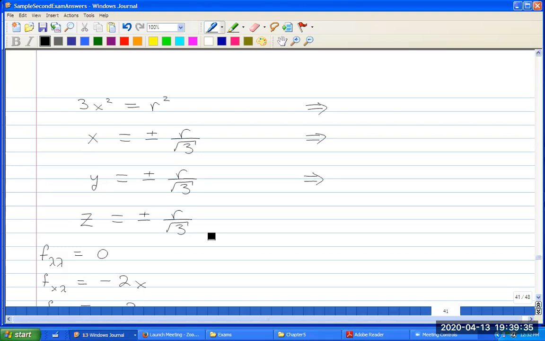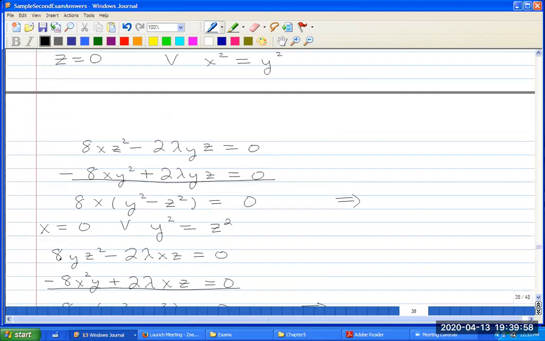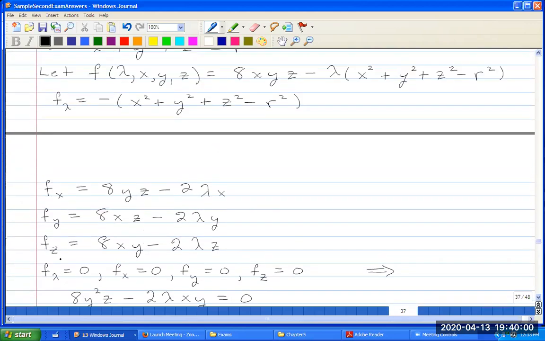Okay, so now let's look at this Hessian for this Lagrange function. And so let's take all the second partials. So let's take the partial of f with respect to lambda. Well, there's no lambda here, so that's going to be 0.